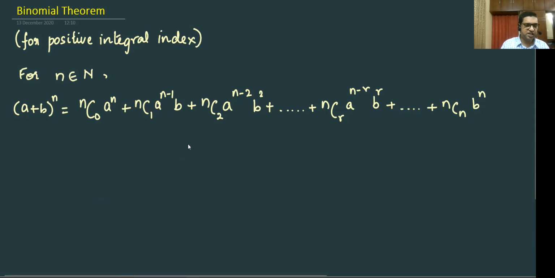So this is the general term. So this is tr plus first term is ncr a power n minus r b power r.